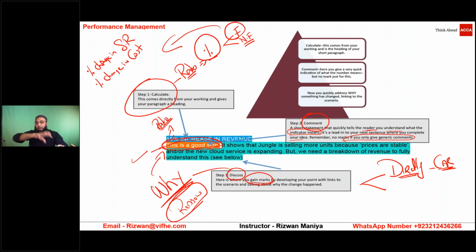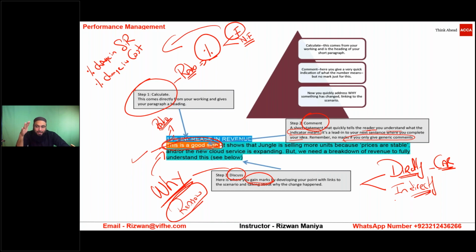So reasons are given in the scenario. Don't miss them. There are obvious reasons that you can use, so you can link directly using the scenario. And if needed, indirect links can also be a possibility.